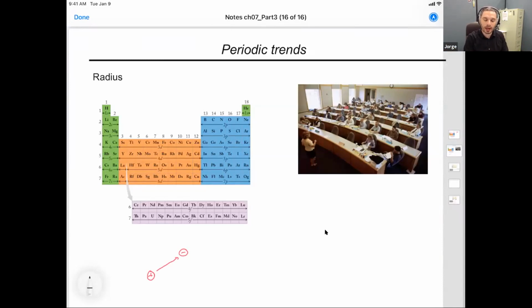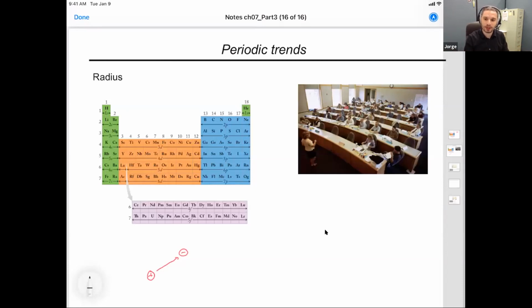Another thing that we have to take into account as well is the number of shells. More shells, longer the distance between nucleus and electrons, and that will decrease the interaction.